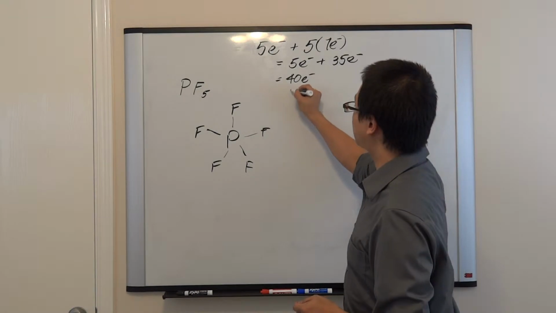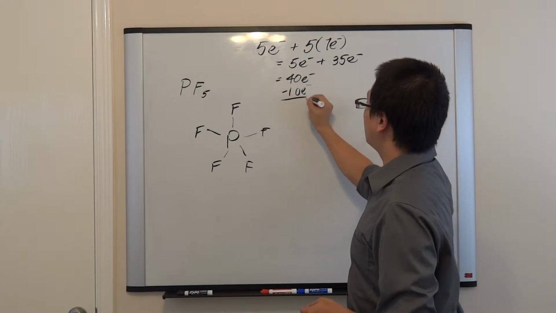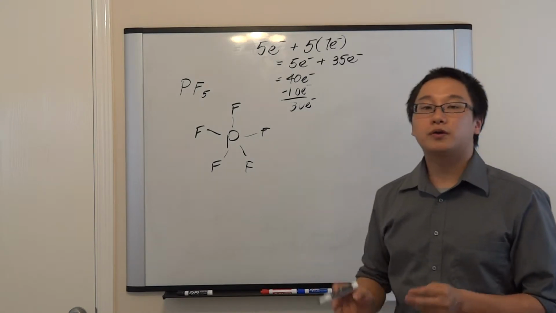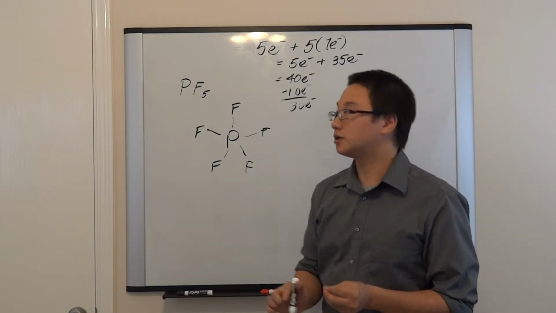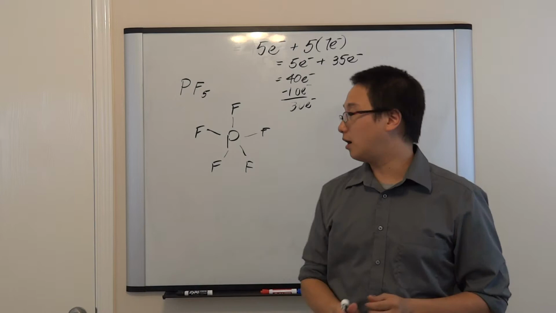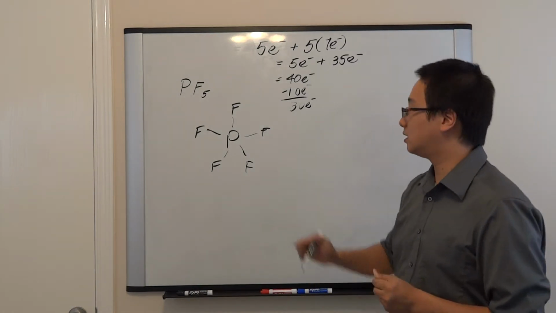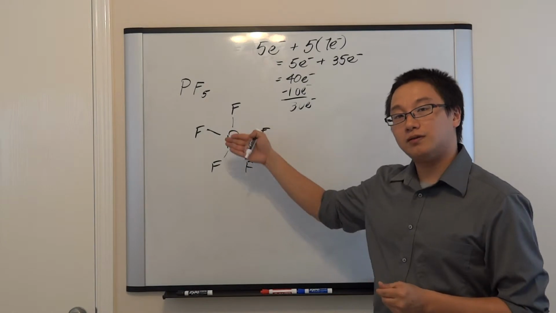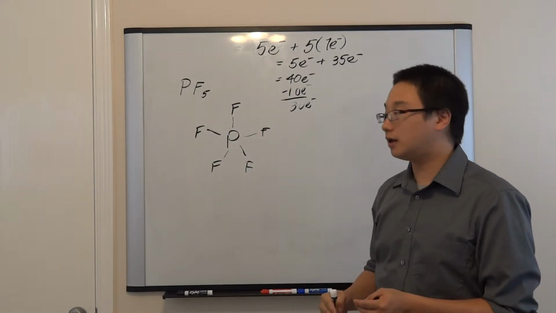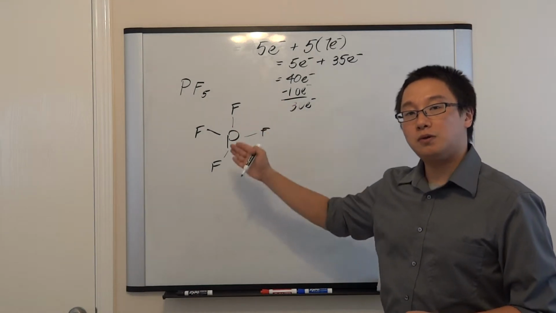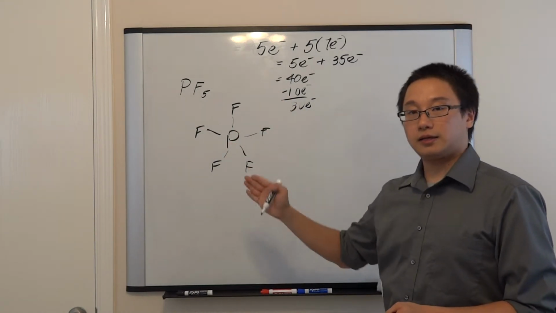So we subtract 10 electrons, and we have a total of 30 remaining. Now we're going to distribute these 30 electrons onto these 5 fluorine atoms, one by one, to make sure each is an octet. Each fluorine already has 2 electrons drawn because of the single bond. That means each fluorine only needs 6 electrons.